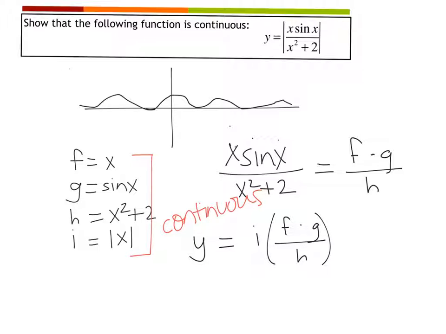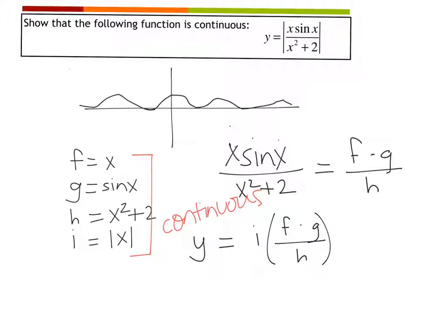Because divisions have discontinuities at zeros, at non-permissible values. But there's something special about x squared plus 2. What's special about it that would make this never have any discontinuities?